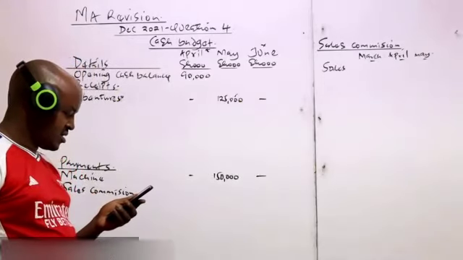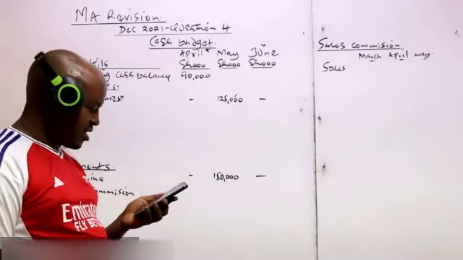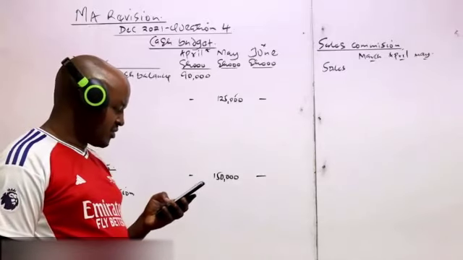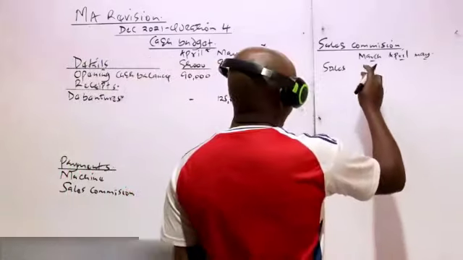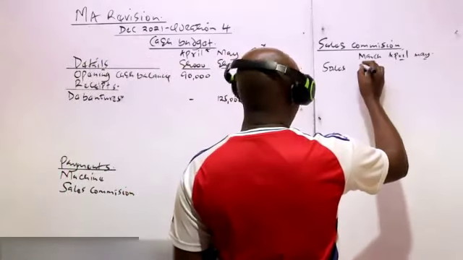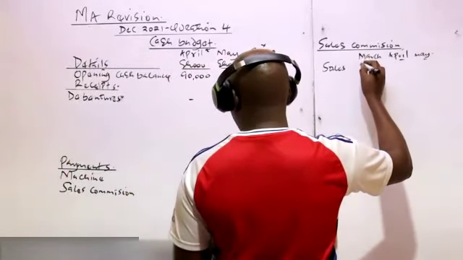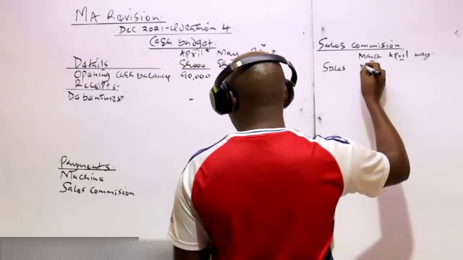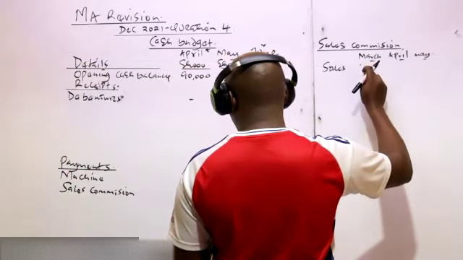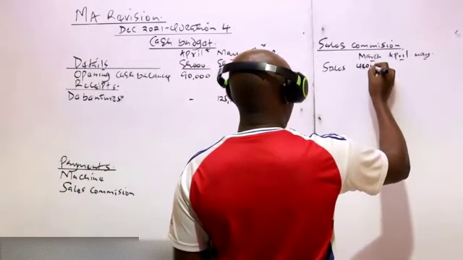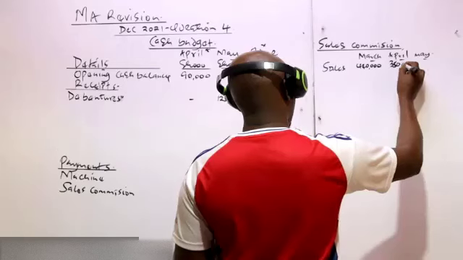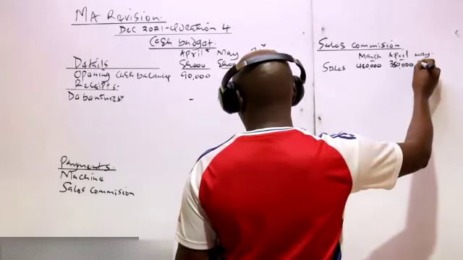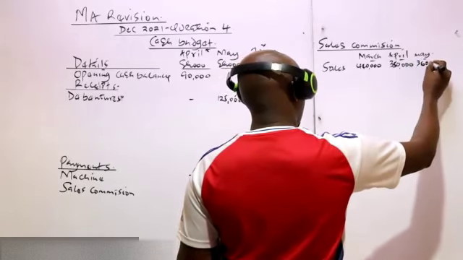Okay. So I want us to compute now the commission, but in this case, I'm saying we must have the sales for March, April, and May. So the sales here, as per the information we have in paragraph 1, the sales for March is 40,000. For April, there is 50,000, and this one, 360.